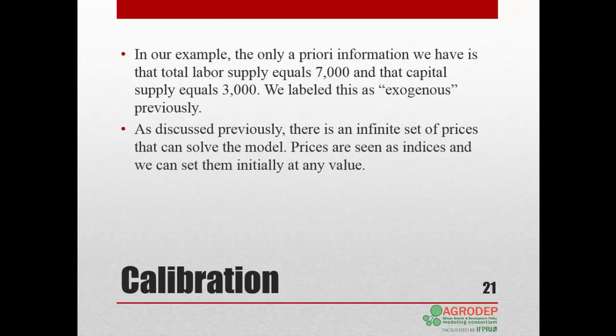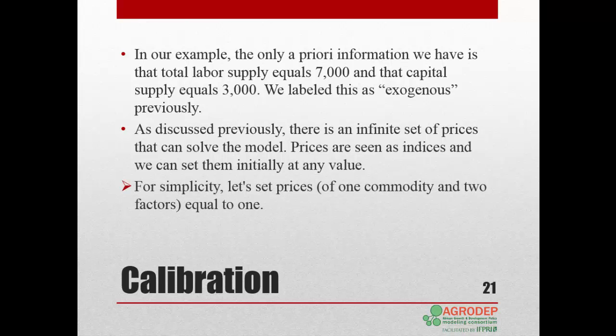Prices are treated as index numbers and can be set initially at any value. Of course, the relationship between these prices must respect the constraints formulated in the model equations. For simplicity, we set commodity and factor prices to 1.